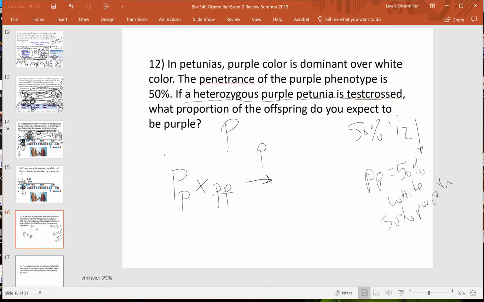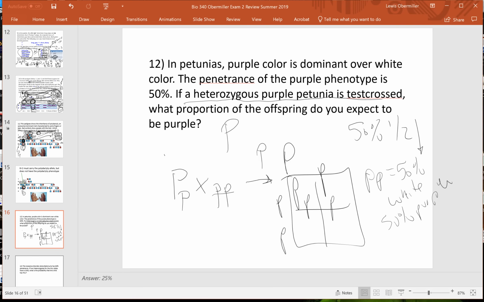What proportion of the offspring would we expect to be purple? Well, if we did the standard Punnett square, we would see that we would expect 1/2 would be white and 1/2 would be heterozygous, which is purple.